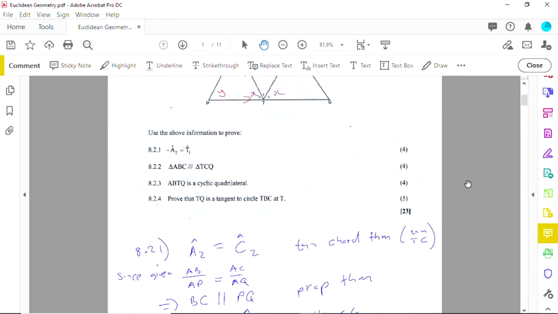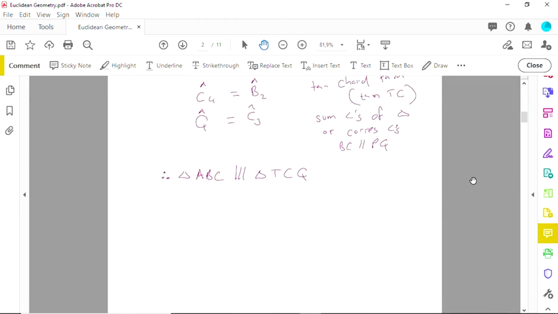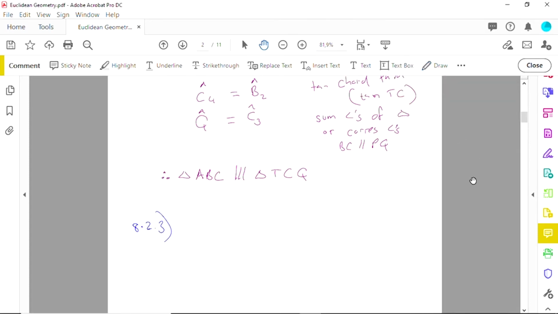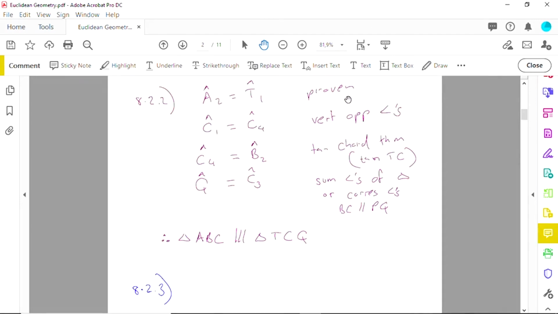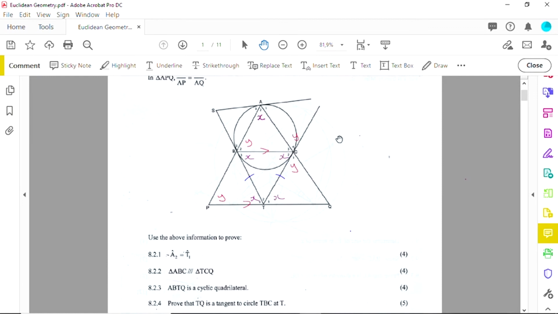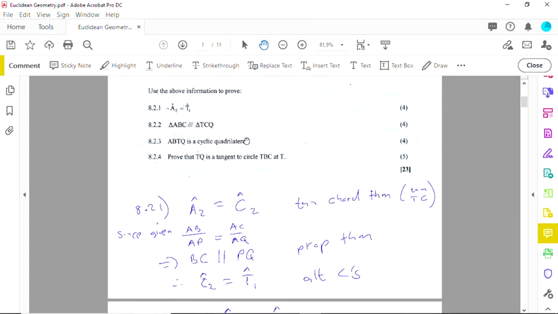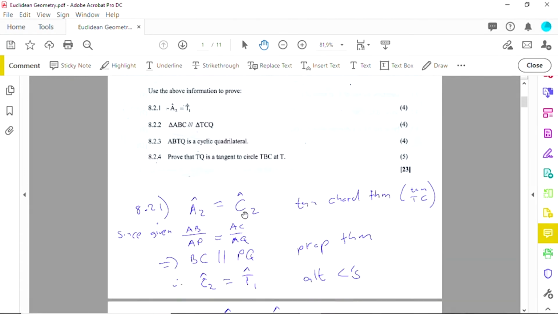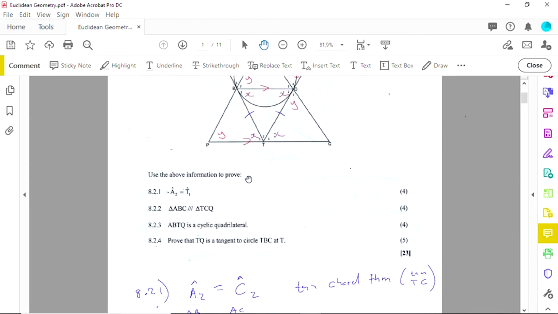So we look at 8.2.3. We're proving a cyclic quad. So we said, how did we get here? We said if A2 is X, B3 is equal to X. Have we written down the fact that A2 is equal to B3?